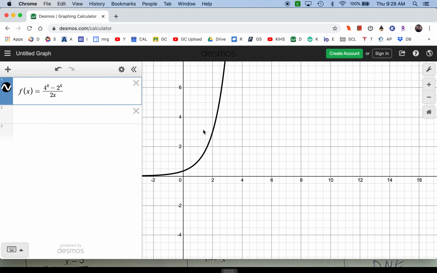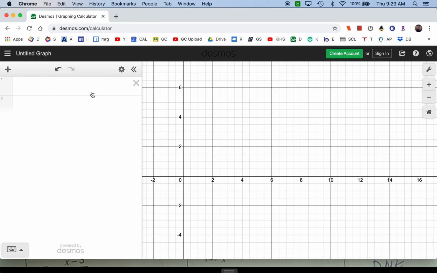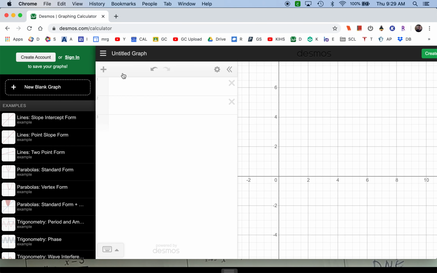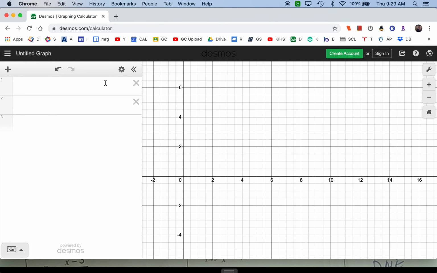15, piecewise. So for 1, let's see if we can type in this piecewise. I think there's a way to type it in directly. I knew there was a way at one time to type in a piecewise here. All right.